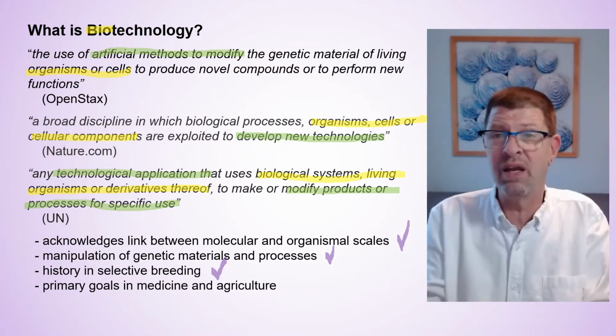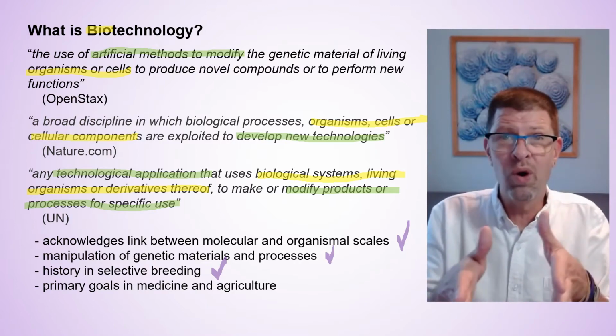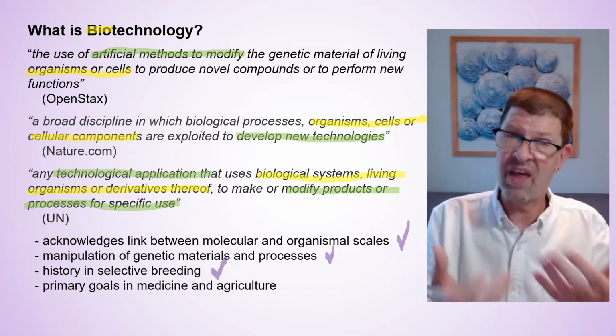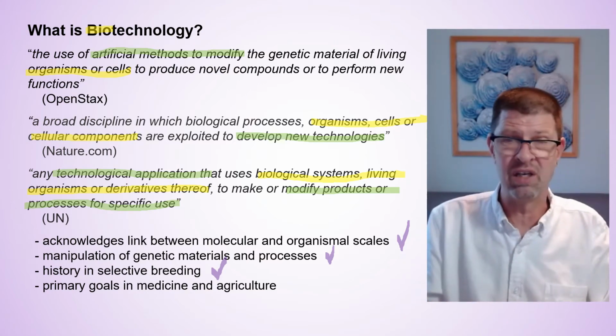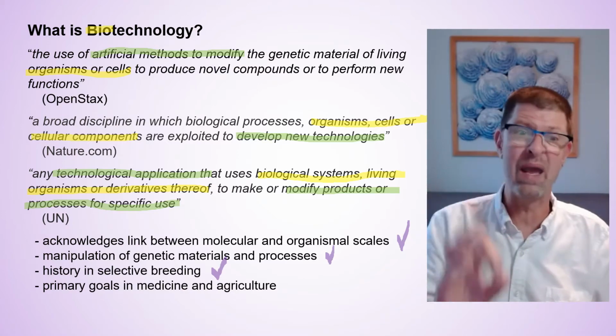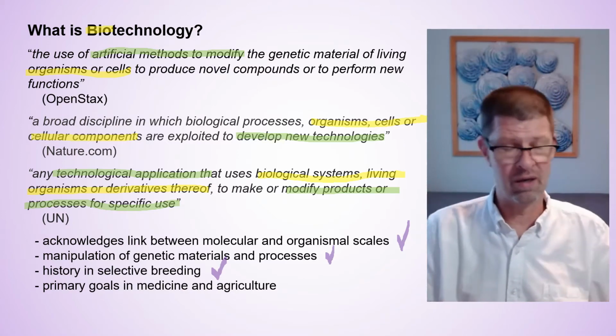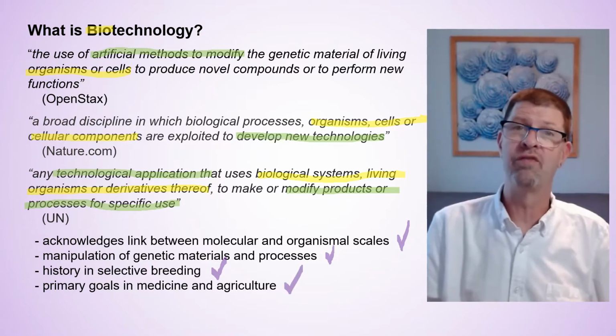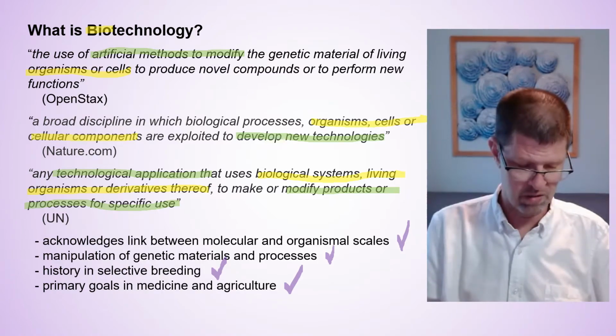That's selective breeding. And when we did that, we were selecting the DNA that we were going to get the traits from. So that was a form of biotechnology, and that's where the history comes from. It's just that we've gotten way, way, way better at it by using all kinds of other techniques. And the primary goals are in medicine and agriculture. So let's move on from this definition.